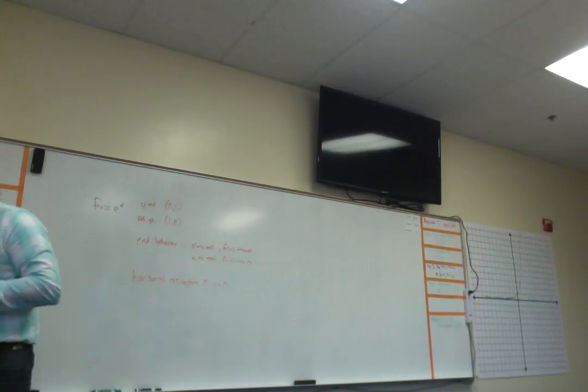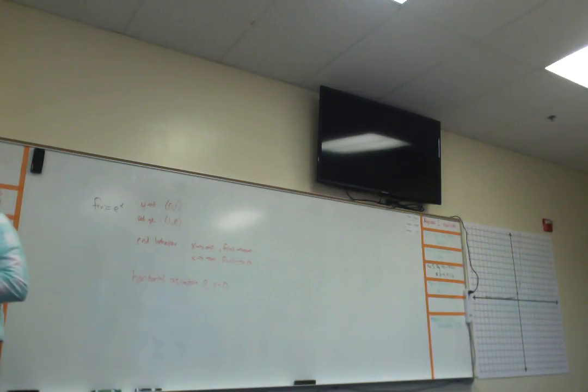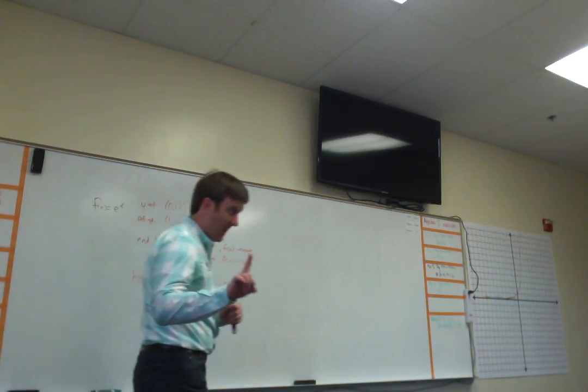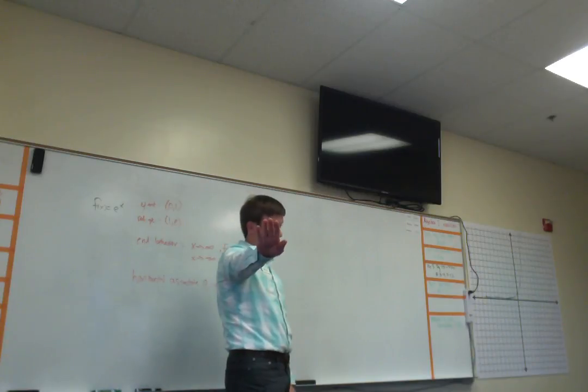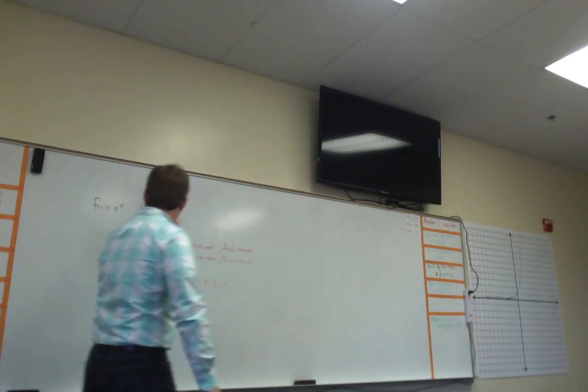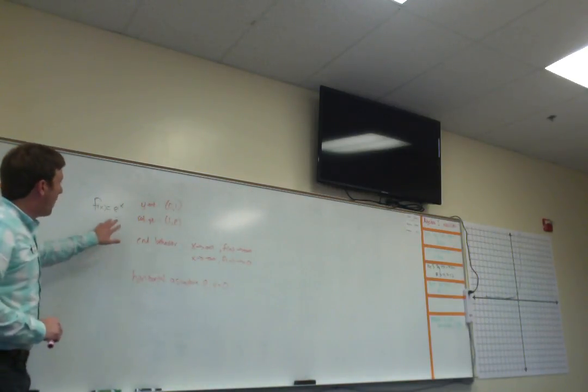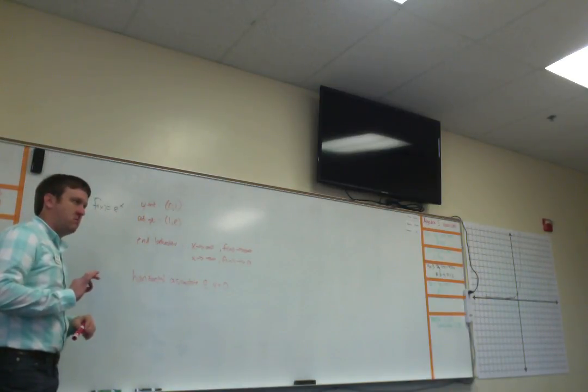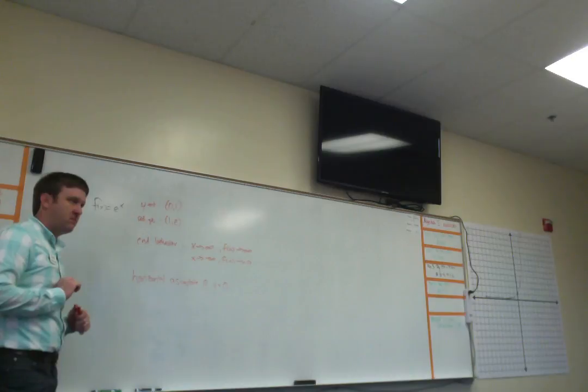Okay. Now, I want to note something, and I'm going to note this now so I can stop the video. What was the form of an exponential growth or decay model? The form of the equation, do you remember?